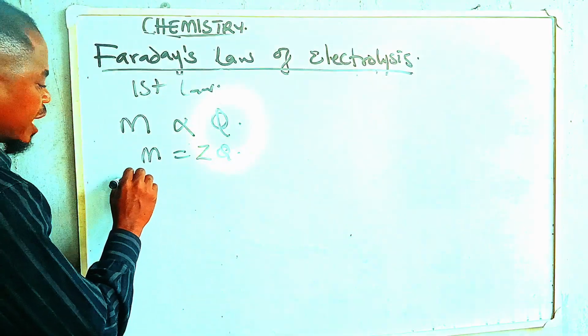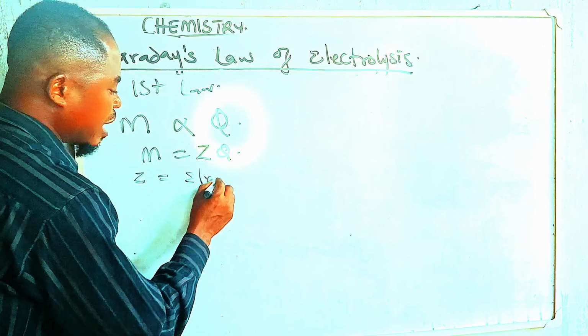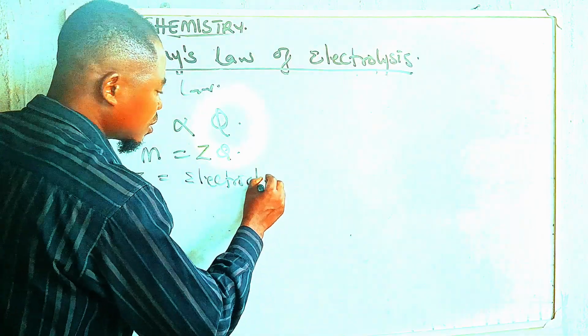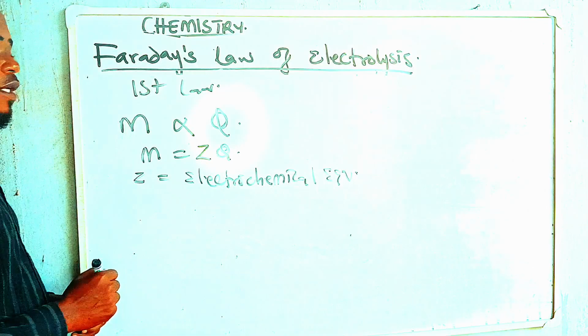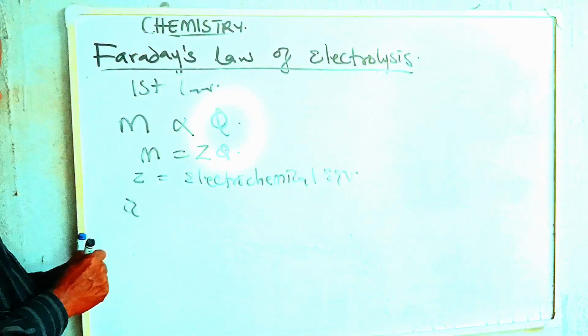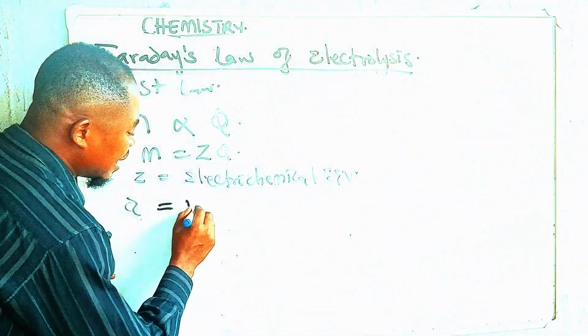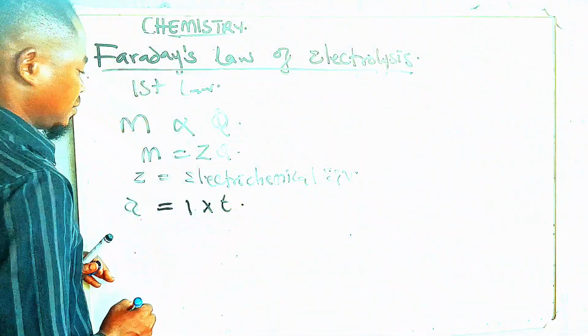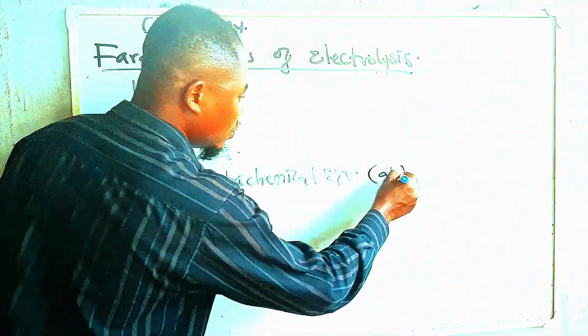ZQ, where Z is the electrochemical equivalence of the substance. Now Q is the quantity of electricity, and it is given by what? Current times time. Remember that the unit for Z is gram per coulomb.